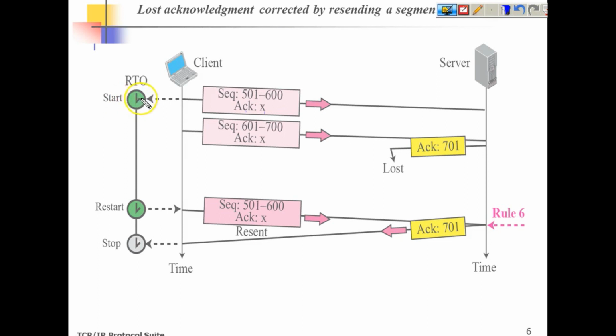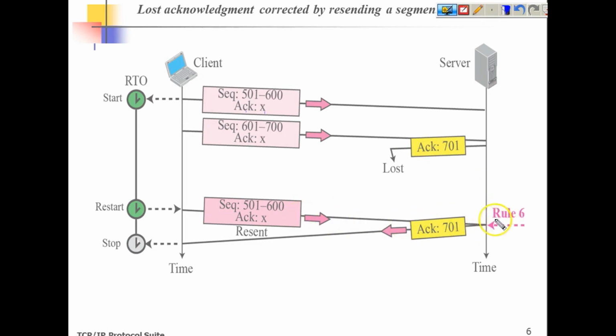As we know, whenever a packet is delivered, this timer will start, and if within the expiry of this timer there is no acknowledgement, it will resend the packet. So this packet will be retransmitted, but because it was actually received at the receiver side, it is a duplicate packet for the receiver.